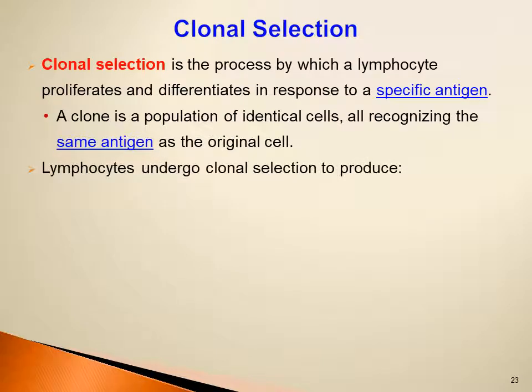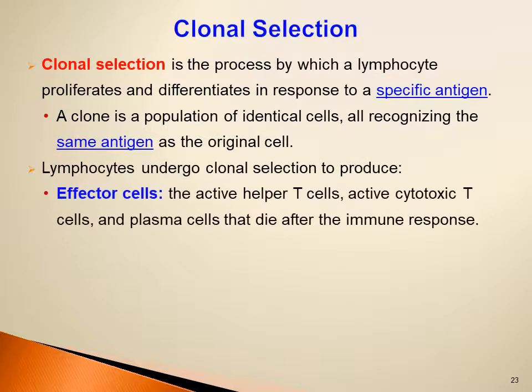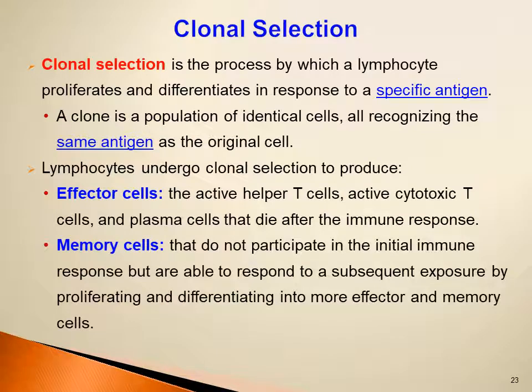Lymphocytes undergo clonal selection to produce effector cells, the active helper T cells, active cytotoxic T cells, and plasma cells that die after the immune response, and memory cells that do not participate in the initial immune response but are able to respond to subsequent exposure by proliferating and differentiating into more effector and memory cells.